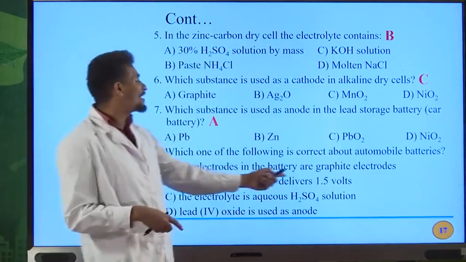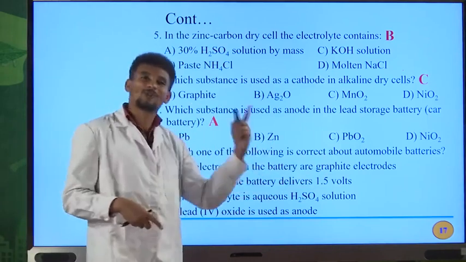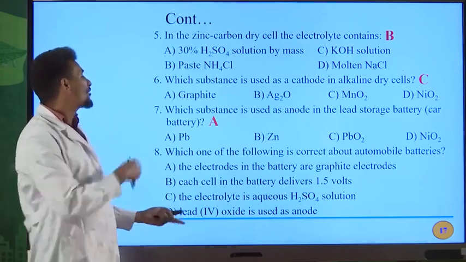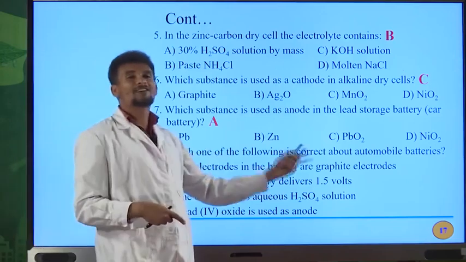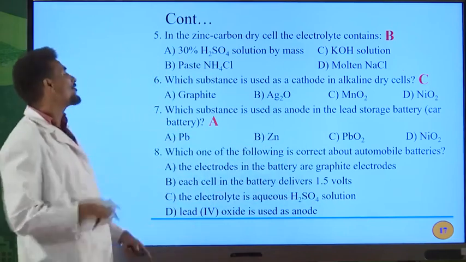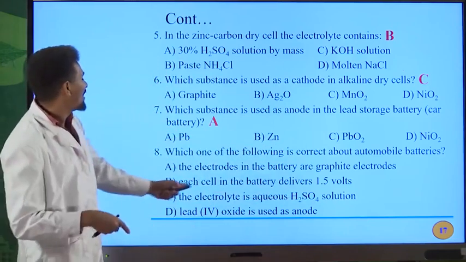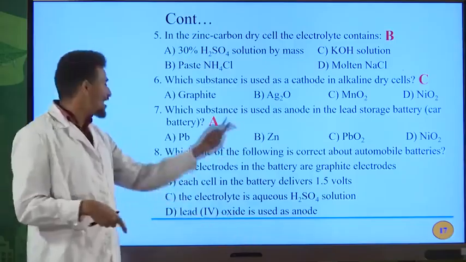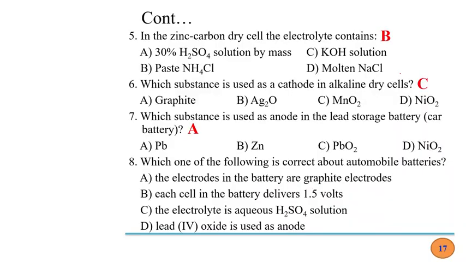B. Each cell in the battery delivers 1.5 volts. This is also not correct because it delivers 2 volts. I already told you about this one. But zinc carbon dioxide delivers 1.5 volt. This is true for zinc carbon dioxide. C. The electrolyte is aqueous sulfuric acid solution. This is correct.